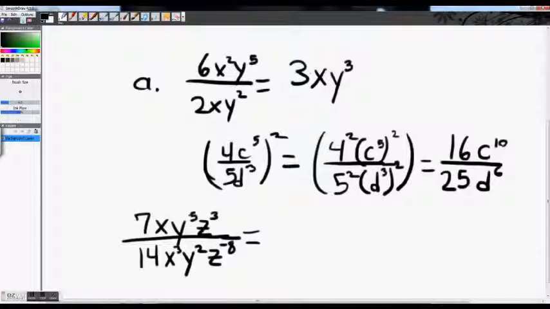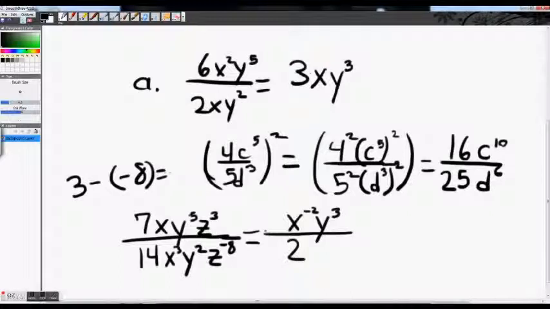We'll get 1/2. So, in order to write that, we're going to put the 2 on the bottom. Now, x minus x cubed, I mean, x to the negative 2nd, because we'll take 1 minus 3. Here, we'll have y cubed. And here, we'll have 3 minus negative 8. 3 plus 8, which is 11. Z to the 11th.